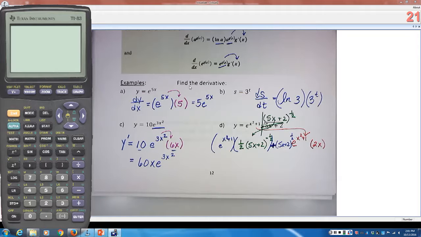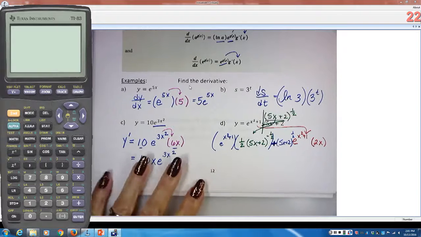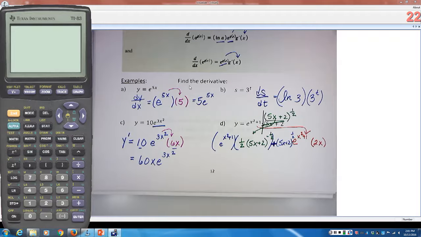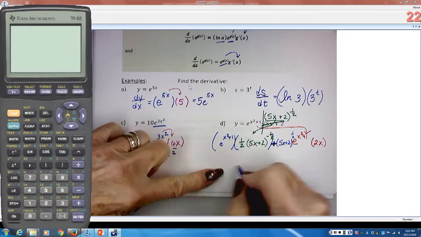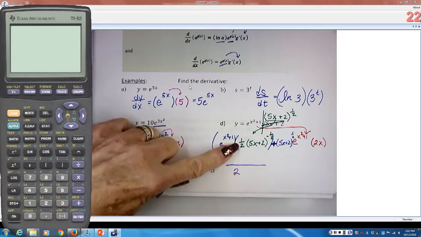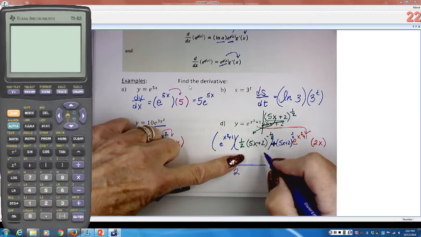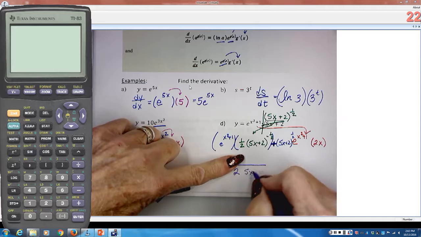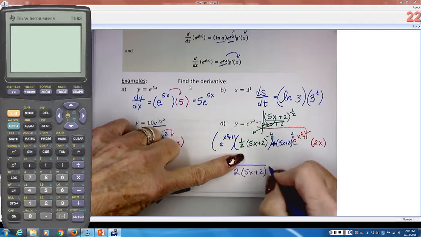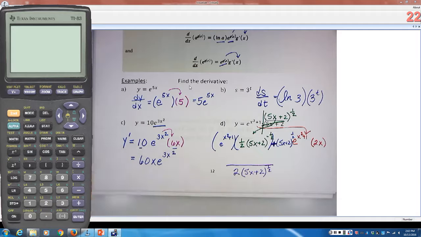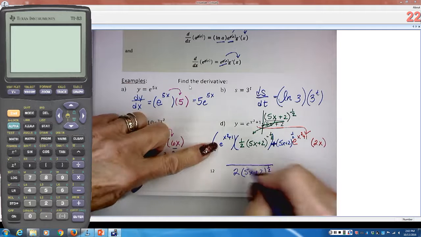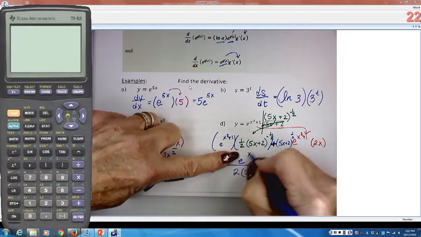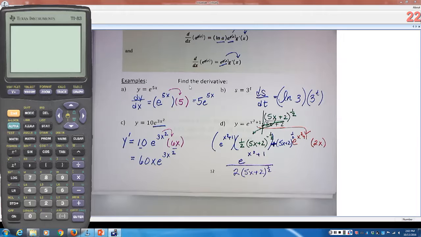Now, can you clean it up? Yes. Do you have to? No. Just because you can doesn't mean you have to. If you want to clean it up, eventually it would look something like this. Let's put the 2 in the denominator for the 1/2. Let's drop this down into the denominator to the positive 1/2 power. And that leaves in the numerator e to the x squared plus 1, and that's it.